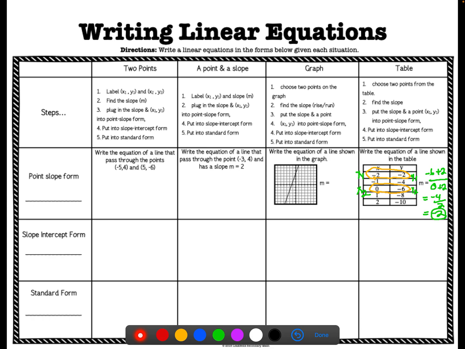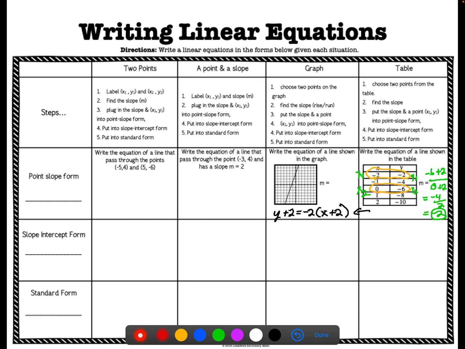If we want to write this in point slope form, it's y minus y1, which is -2, so plus 2, equals -2 times x plus 2. So this is our point slope form here.